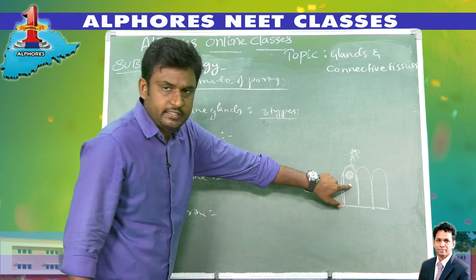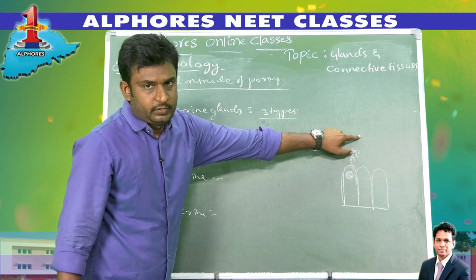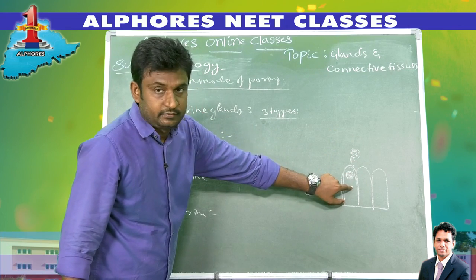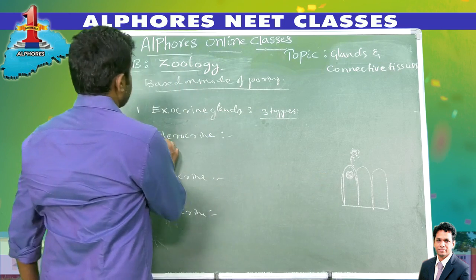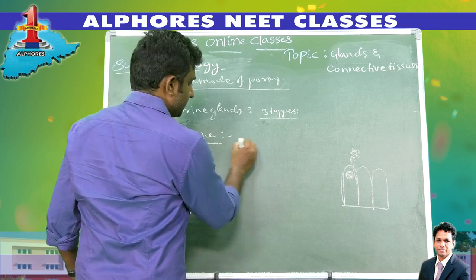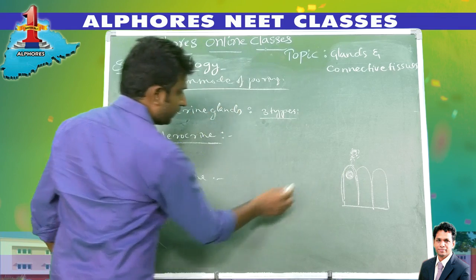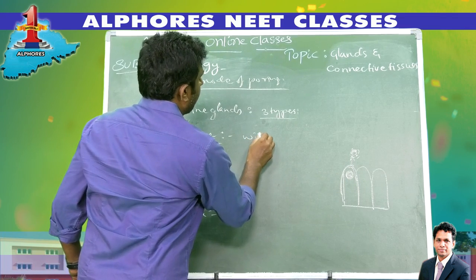Simply, the material present inside the cell is released outside without damaging or disintegrating the cell. So it is called merocrine.